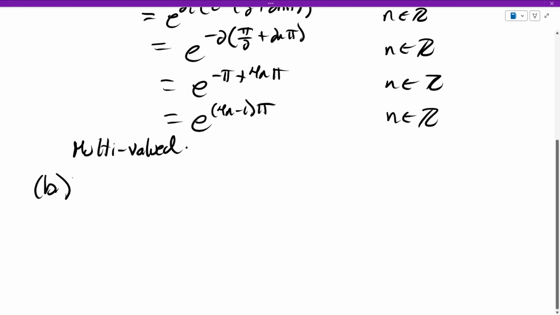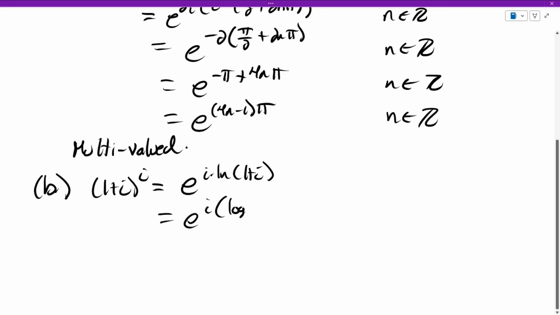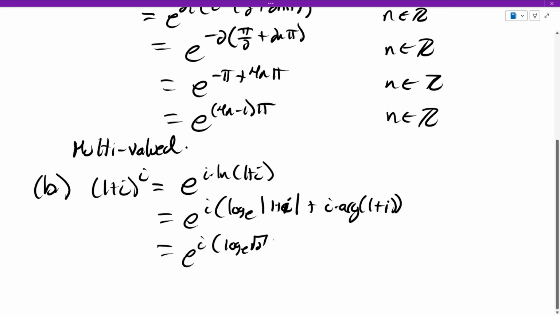All right, let's do one more example. Let's look at (1 plus i) to the i, which should be e to the i log(1 plus i). And we computed log(1 plus i) already, but let's just write it again. So log base e of the modulus of 1 plus i, plus i times the argument of 1 plus i, little arg. So that's e to the i times, this is log base e of root 2, plus the argument of 1 plus i, which we said was pi fourths plus any whole multiple of 2 pi.